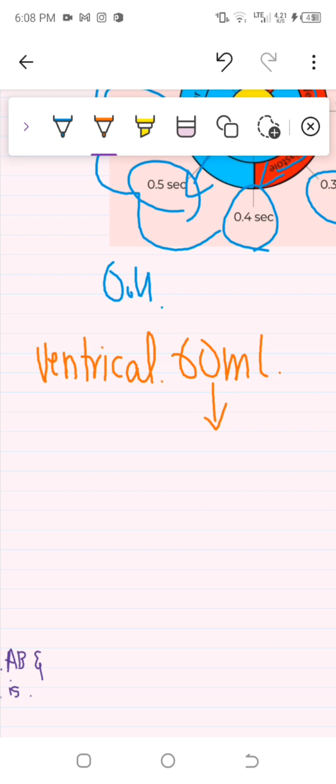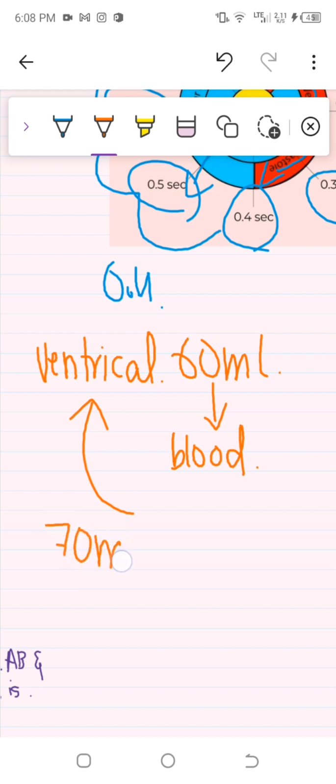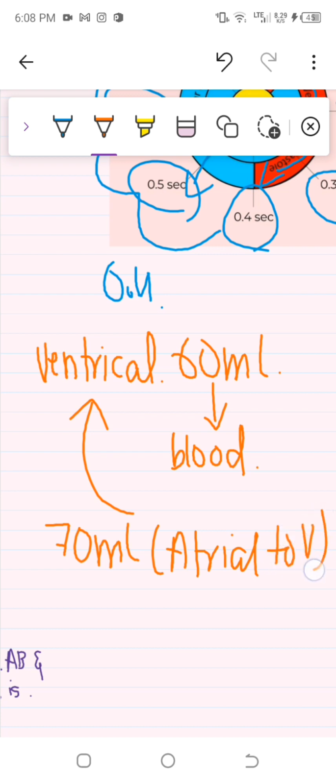Then 70 ml goes from the atria to the ventricles. So 70 plus 60 will be 130 ml of blood present in the ventricles, and that 130 ml is known as end diastolic volume.